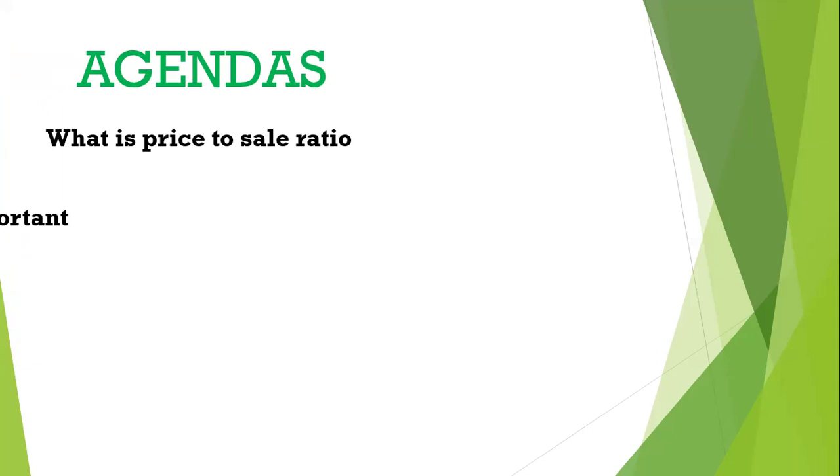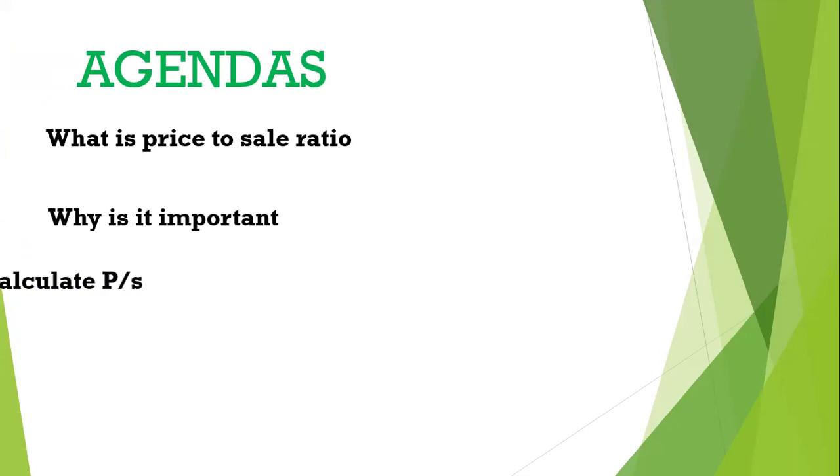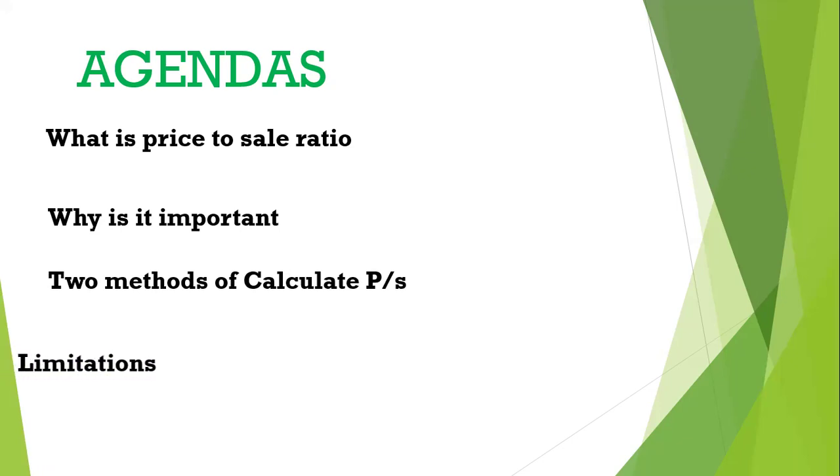The agenda: what is the price to sale ratio, why is it important, how it is calculated, and then recommendation and limitation of the price to sale ratio. We'll go through it really quick. It might not even take more than 10 minutes to finish the whole thing.